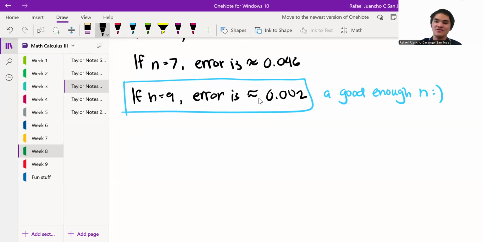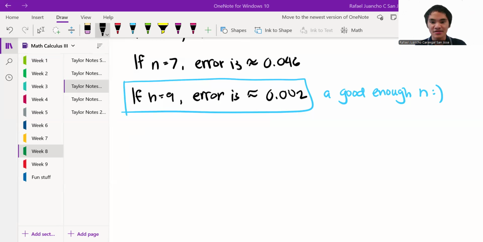Basically, the idea is that the higher and higher n's we use, the better and better approximation we get of the true function, which is e to the x, right? That's the idea. So the higher the n, the better the approximation.